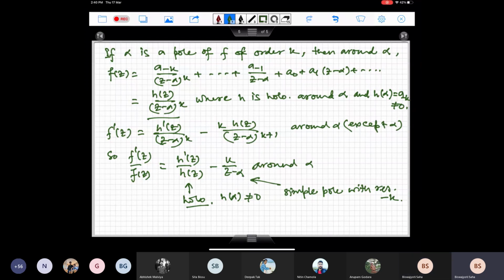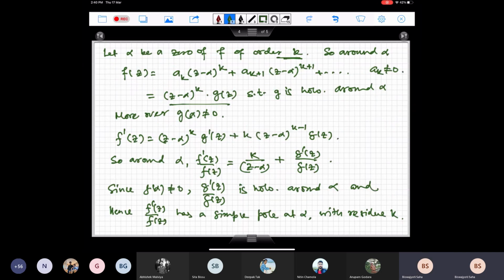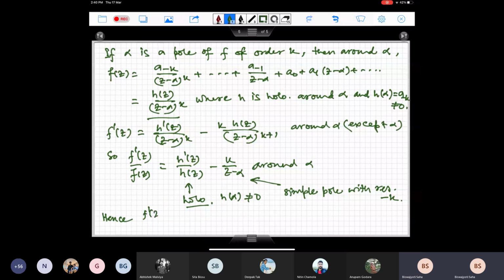Yes, sir. So hence, in this particular case, f prime z upon f z, I should have probably written beta but it doesn't matter, has a simple pole at alpha with residue minus k.